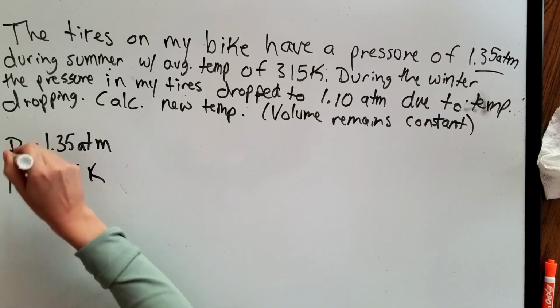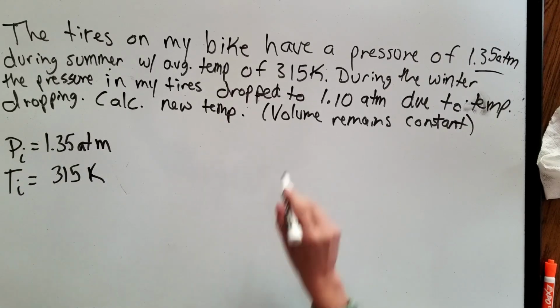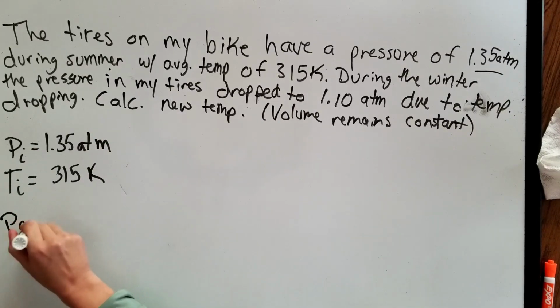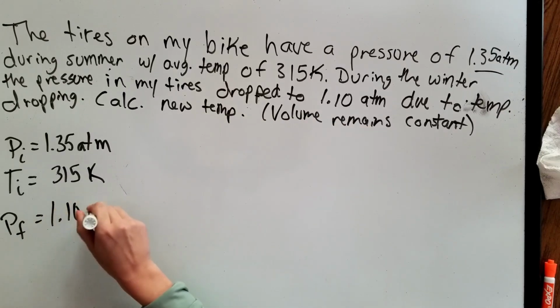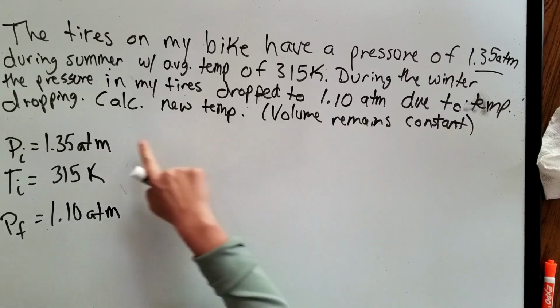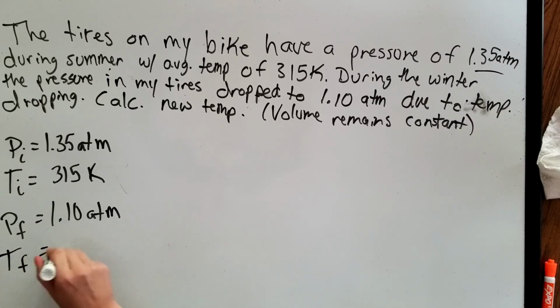So I'm going to label these PI and TI. Those are my initials. And then during the winter, the pressure changes, so I'm going to put that as PF, down to 1.10 atm due to the temperature dropping. So we're going to calculate the new temperature that caused this pressure change. That'd be my TF.